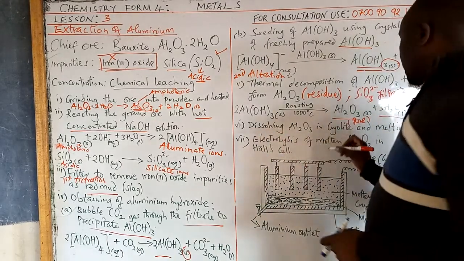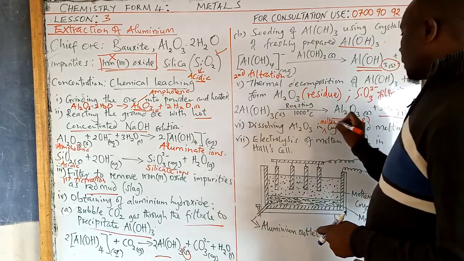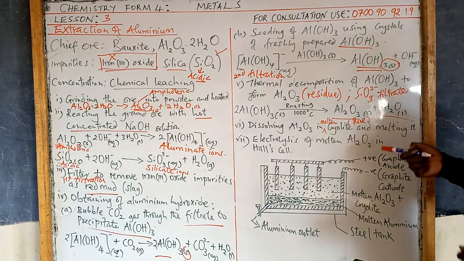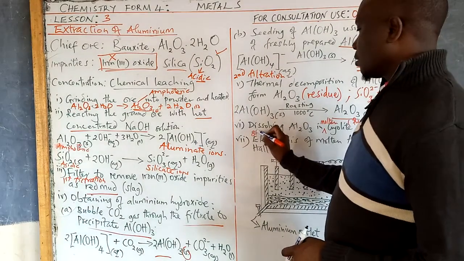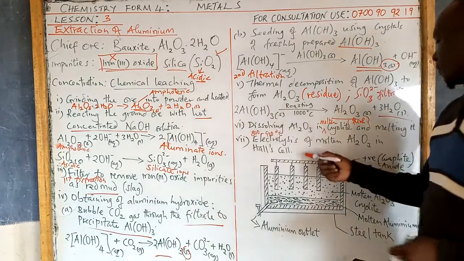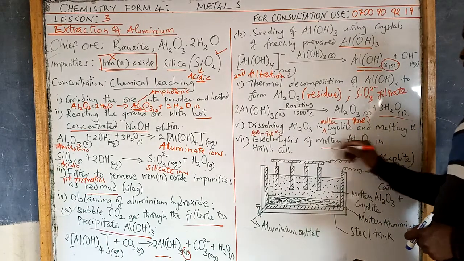So this is already melted, molten cryolite. And then it is melted at a temperature of about 800 to 900 degrees Celsius. It melts, forming molten aluminium oxide.